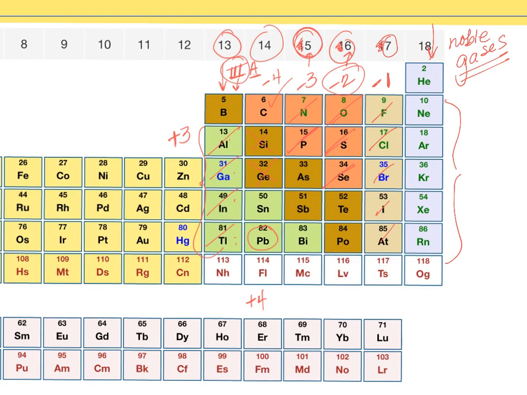The answer is no. That's why we use helium to inflate balloons, because once the helium, the gas inside the balloon, is released, the helium is not going to react with anything because it's stable, even though it doesn't have 8. Just remember that in the first level of energy, only 2 electrons can be accommodated. So all of these elements over here do not form ions.